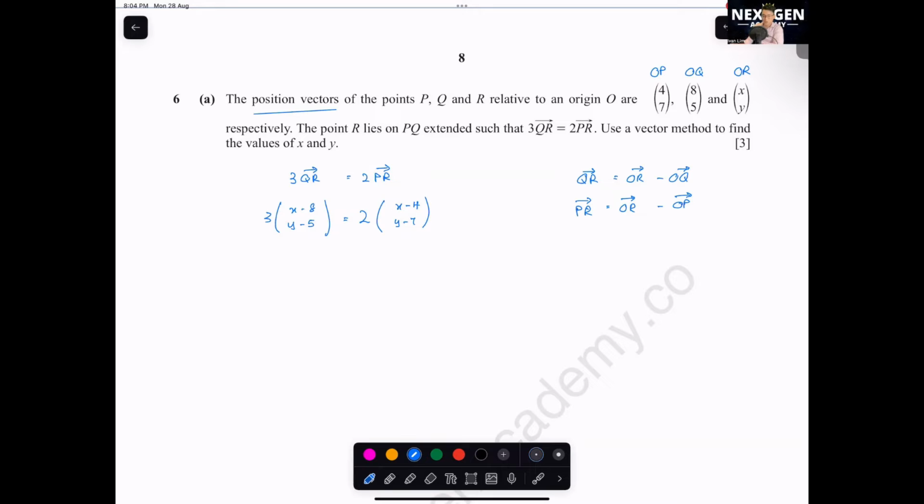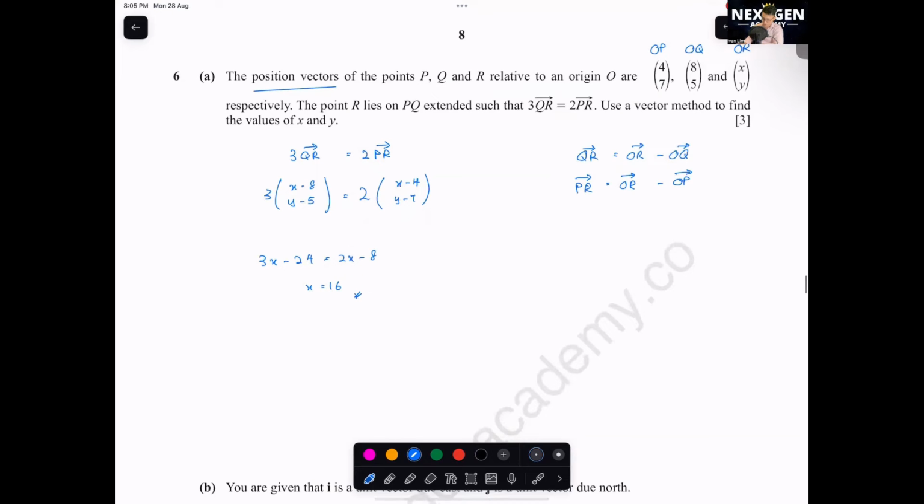Okay, with this equation that is given to us, how to find the x and y, we break down all the units here as one equation, then this unit here, again at the bottom, as one more equation. So we'll write it as 3x minus 24 equals 2x minus 8. X will be equal to 16.